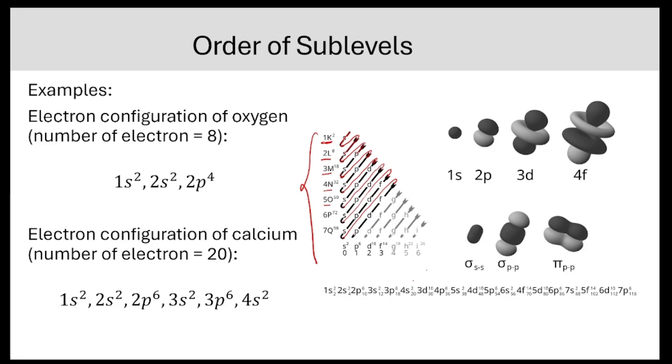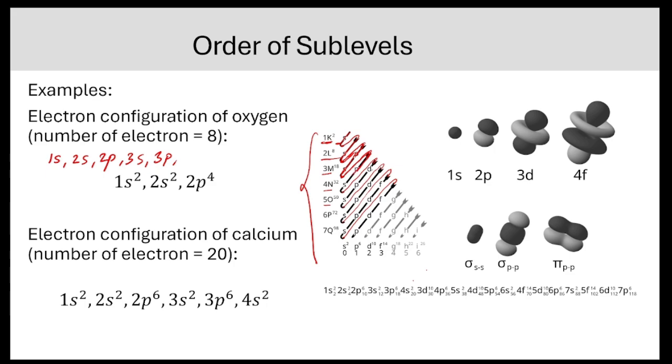If you look here, the arrow starts from 1s and moves to 2s, and then to 2p. From 2p it goes to 3s, and from 3s it goes to 3p.